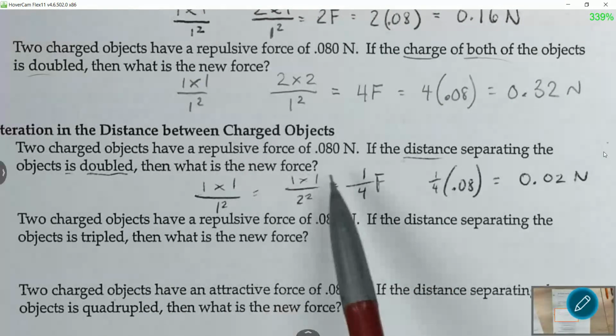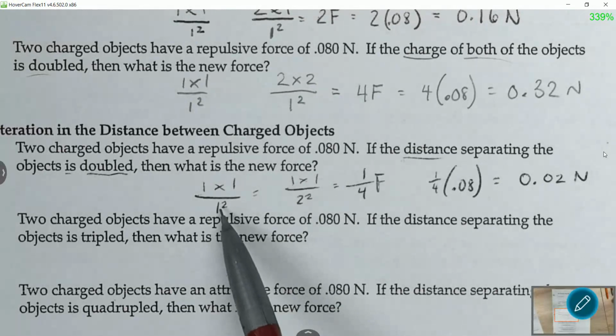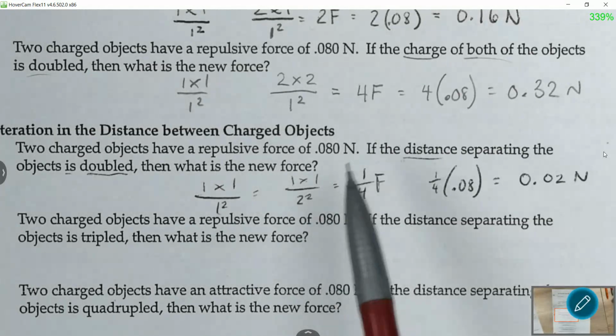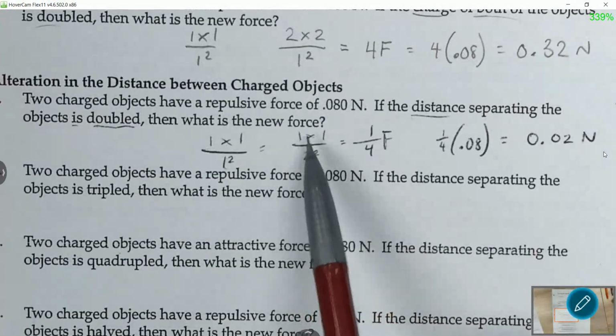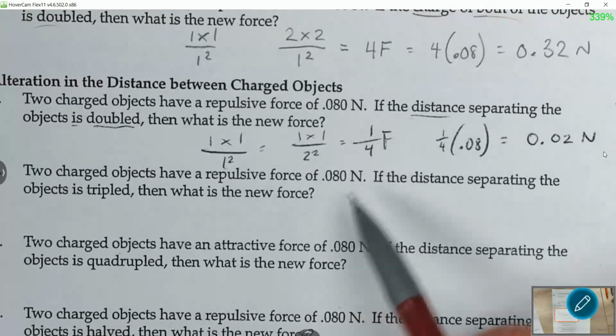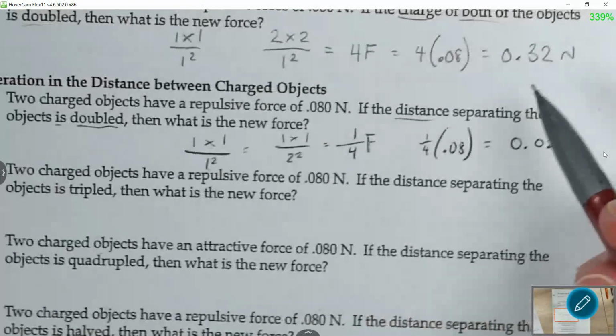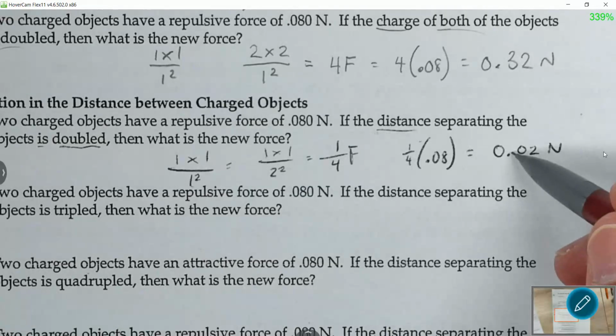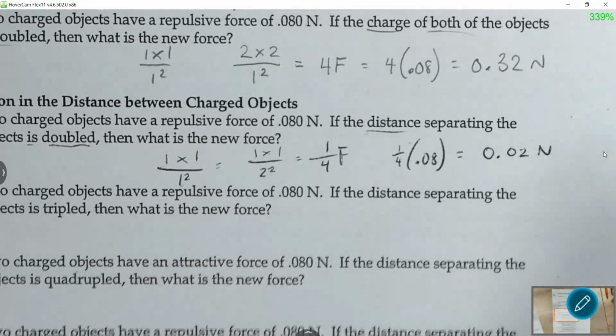Nothing happened with the charges, so 1 times 1 on top over, since distance is doubled, you have to make that 1, that's the distance, a 2. Now, it is squared in the equation, so you still have to square that. 1 times 1 is 1, 2 squared is 4, so we'd have 1/4 of the original force. And then 1/4 of 0.08 comes out to be 0.02 newtons.